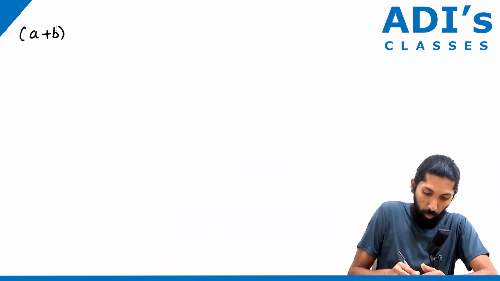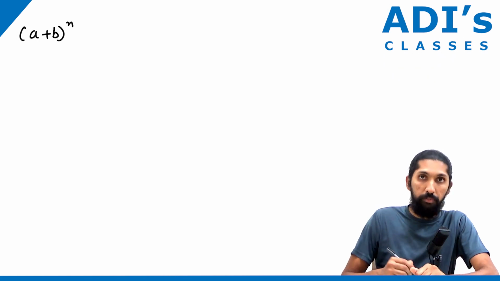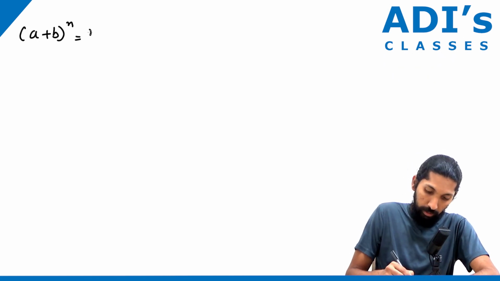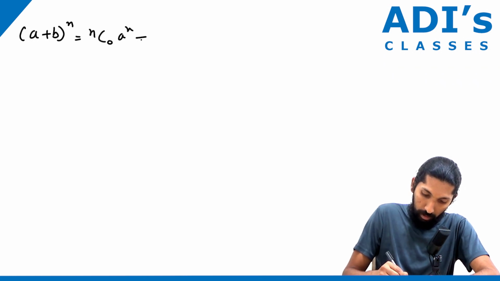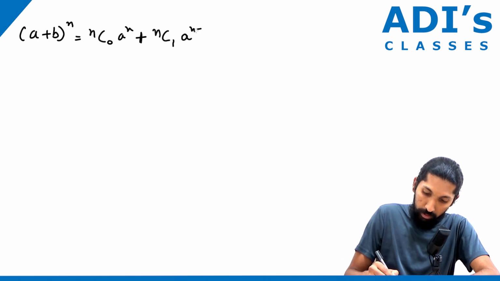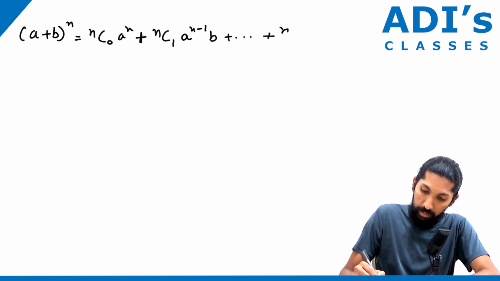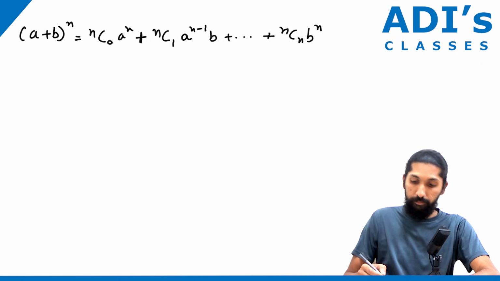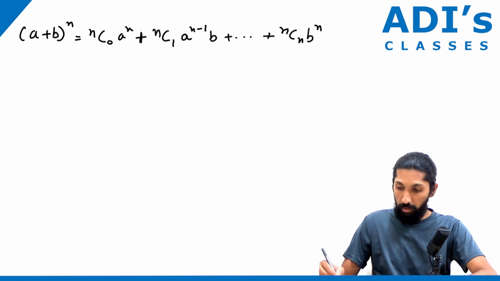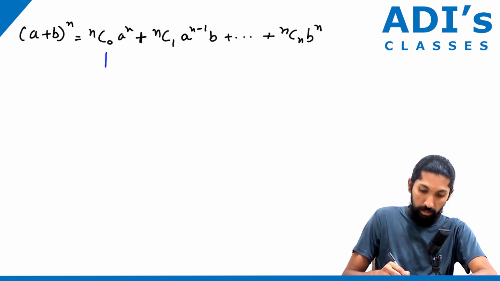See, when you have (a plus b) whole power n, you know the expansion of this: nC0 a power n plus nC1 a power n minus 1 into b, and so on, plus nCn b to the power of n. Correct? Now, this is the first term.